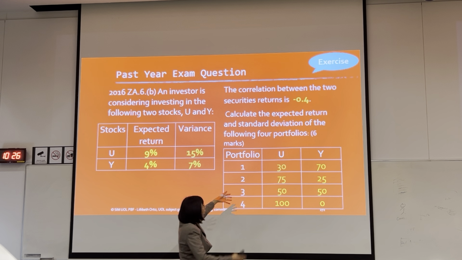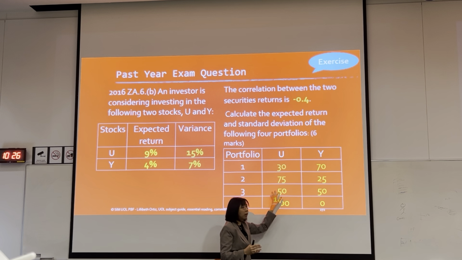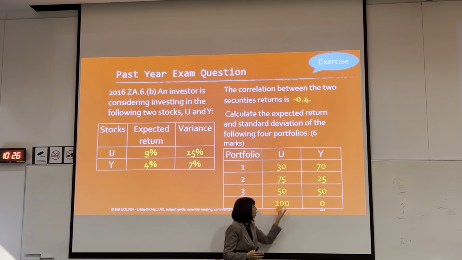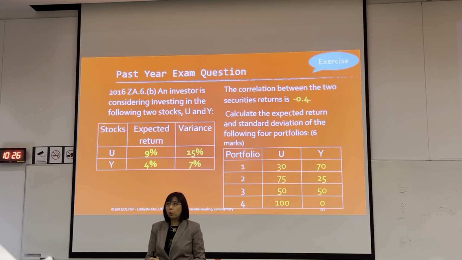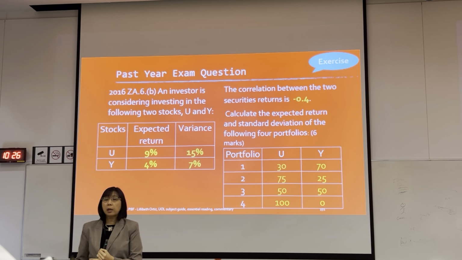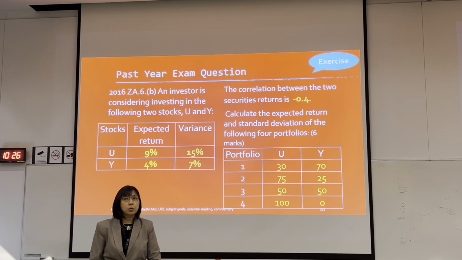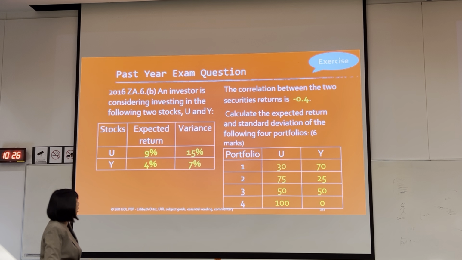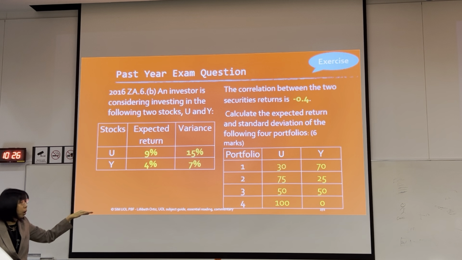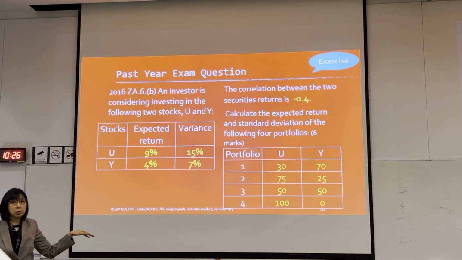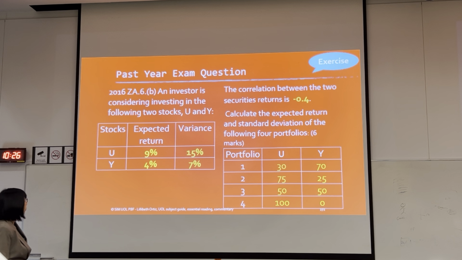Or I'll have 50-50, half of my money in stock U, or 100% of my money in stock U, and so on. Right? So for all these different portfolios, you want to know what is your risk and your return. So what you want to compute here is the expected return and standard deviation for these 4 different portfolios.